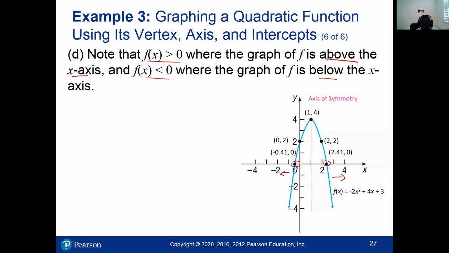So what are the x values where f of x is greater than 0?